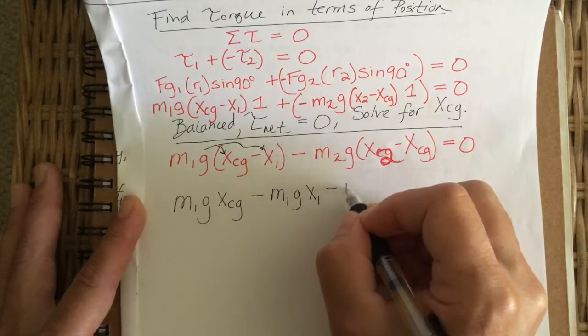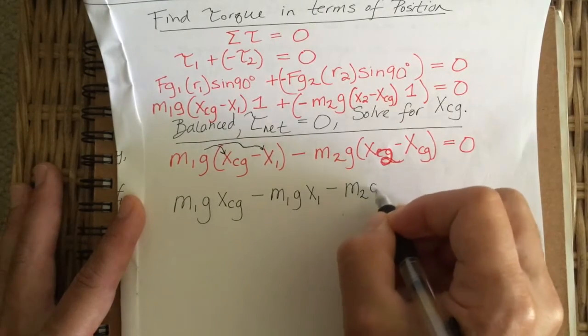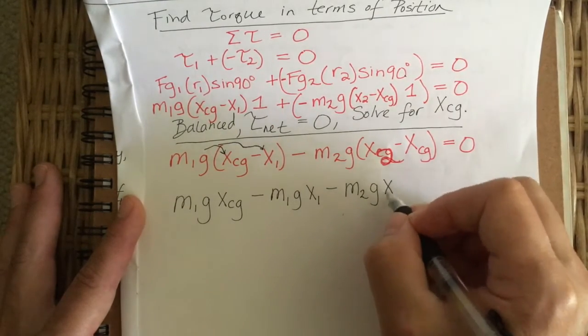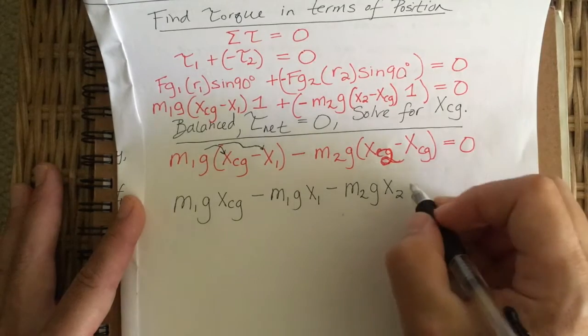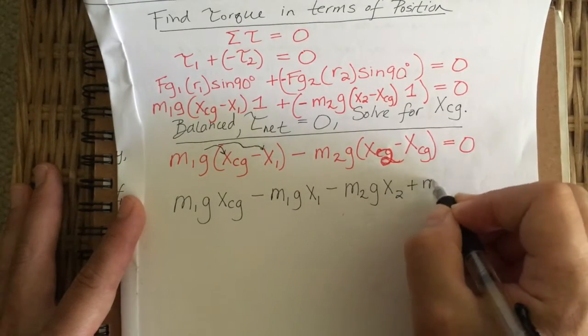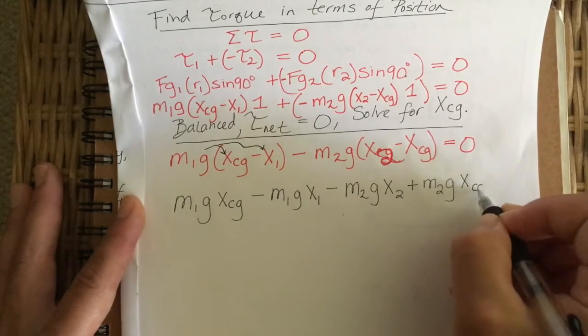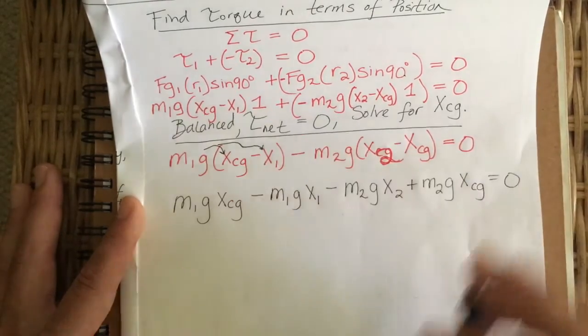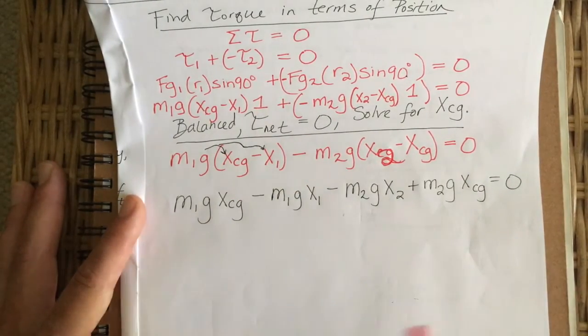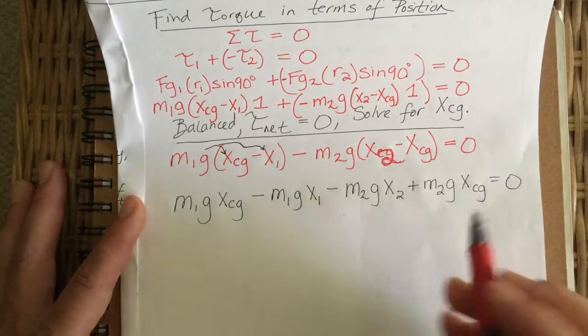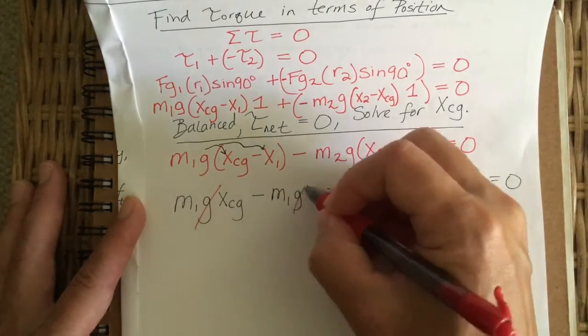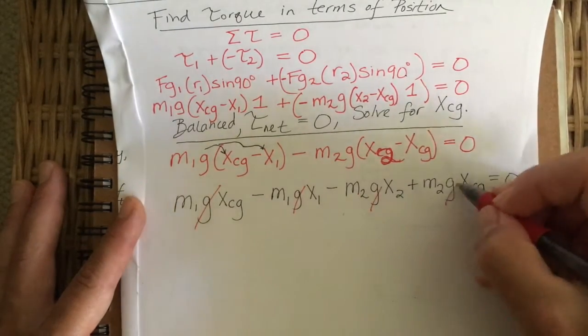So I'm going to have m2 g x2 and then plus m2 g xcg equal to 0. So right away, looking at that mess, you should be able to see that there's something there that we can get rid of, because each term has this variable in it. Right, we don't need it.